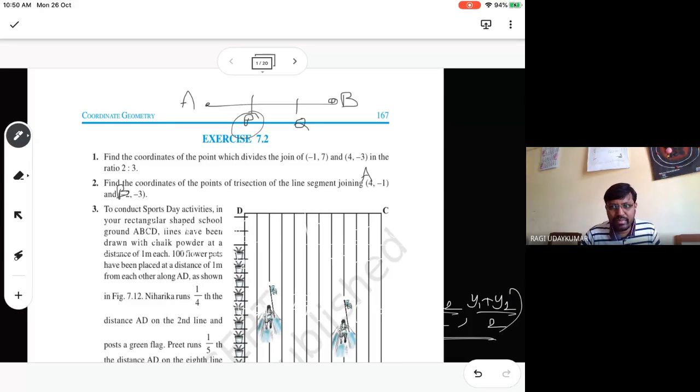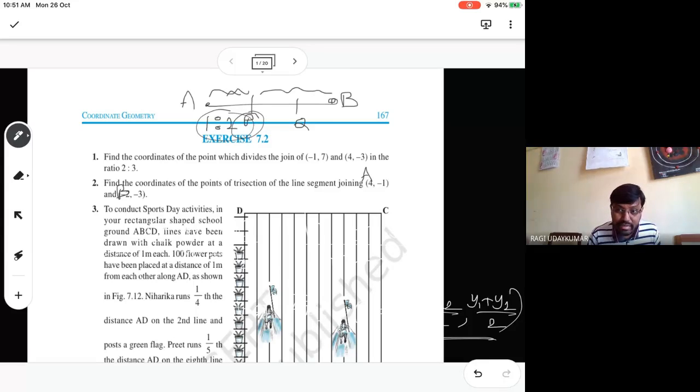See here, from here to here is one part, from here to here are two parts, two equal parts. So 1:2 ratio. P divides AB in the ratio 1:2.